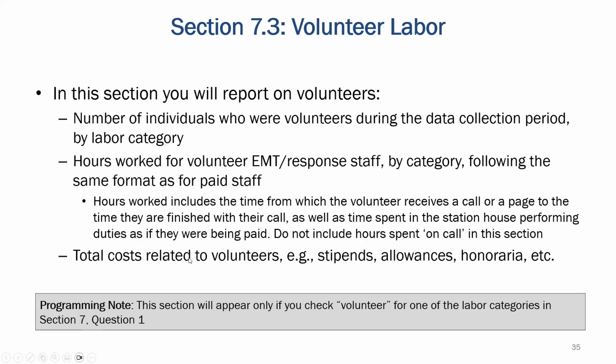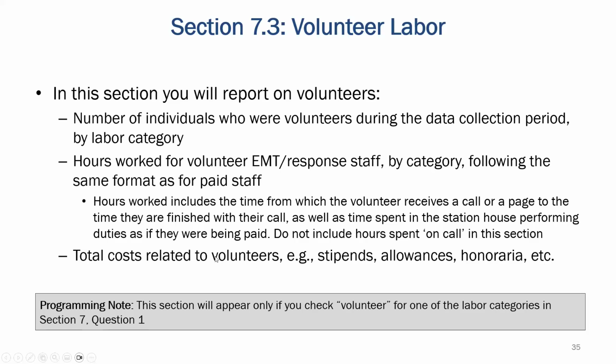The very end of section 7.3, there's a question about total costs related to volunteers, like stipends, allowances, honoraria, etc. So CMS recognizes that some ground ambulance organizations pay a nominal amount to volunteers, as long as for labor law purposes and tax purposes, staff are considered volunteers, these modest amounts may be allowed.